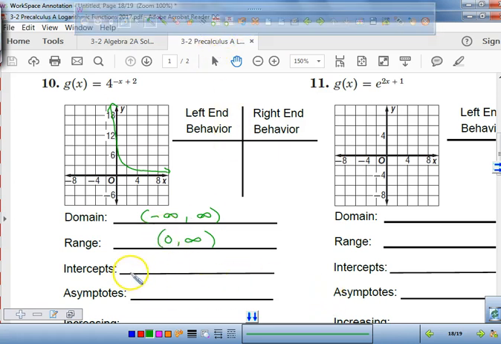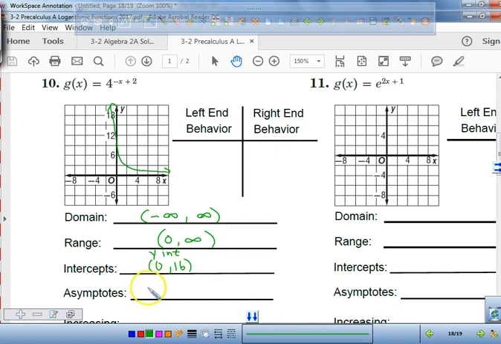Are there any x-intercepts? Is it ever crossing the x-axis? Does it ever cross the x-axis? No. So there's no x-intercepts, but there is a y-intercept. What do we plot for our y-intercept? It was at (0, 16). There's our y-intercept.